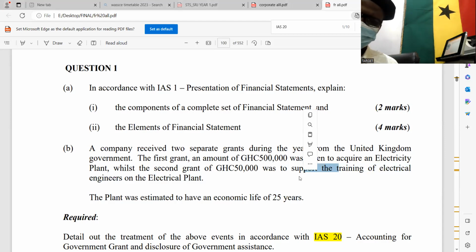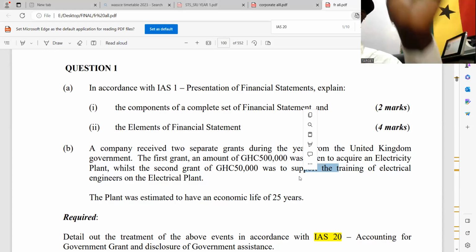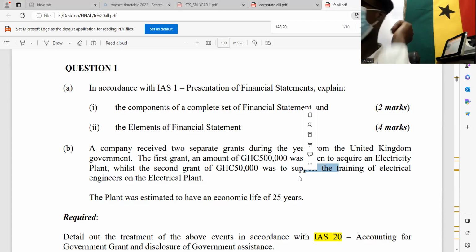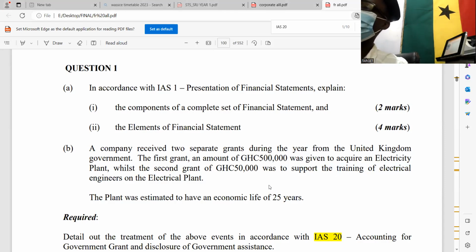So when government provides training service to you, that one is a grant, not assistance. But when government provides technical support, it's assistance. Take notice of that. Obviously, the 50,000 will be a revenue grant, while the 500,000 will be a capital grant, and the useful life of the plant is 25 years.